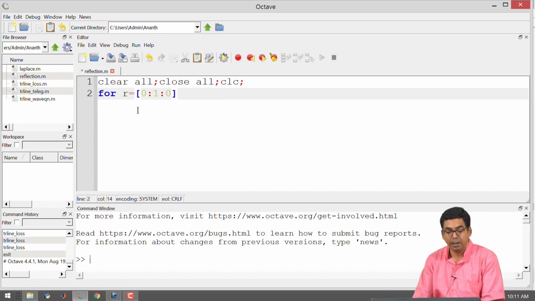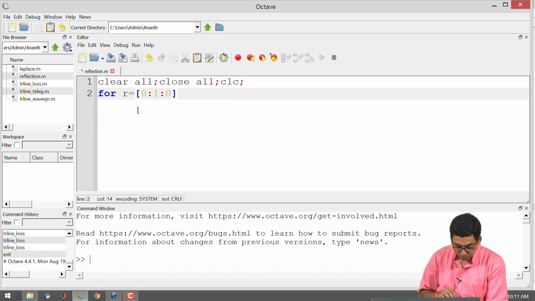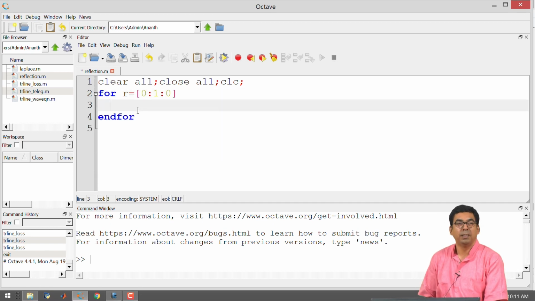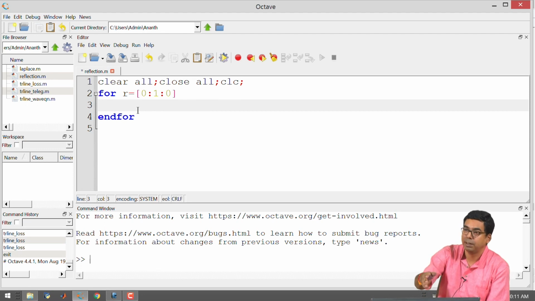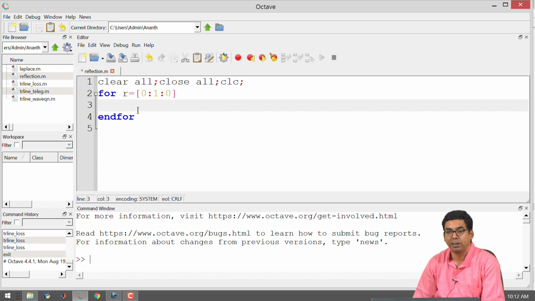Here what I am just saying is, for R equal to 0:1:0, that means I have fixed R to be 0. Okay. Later on I would like to add a series of R's, so that is why I am writing the program using a for loop. Normally one could fix the value of R to be a constant 0. Okay. I want to understand the effect of X.